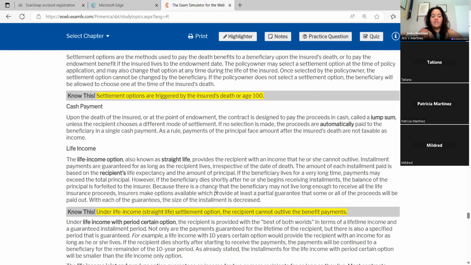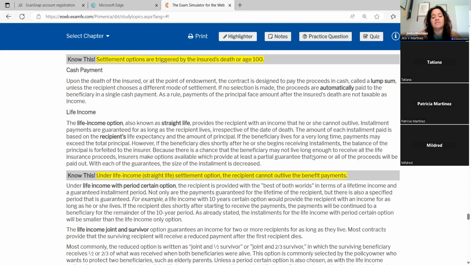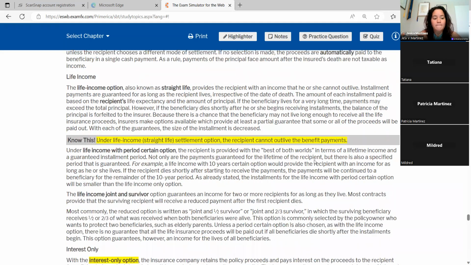However, if the beneficiary dies shortly after he or she begins receiving installments, the balance of the principal is forfeited to the insurance company. So if you happen to die a year or so after receiving those payments, unfortunately, all that money is lost. Under life income or straight life settlement option, the recipient cannot outlive the benefit payments.